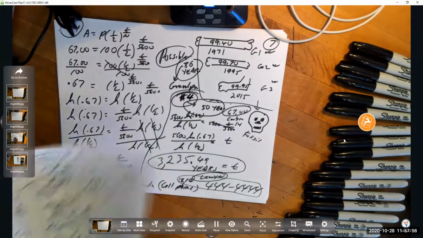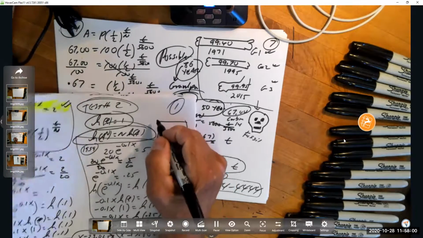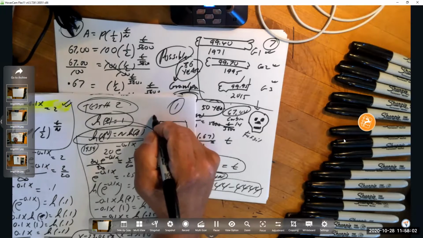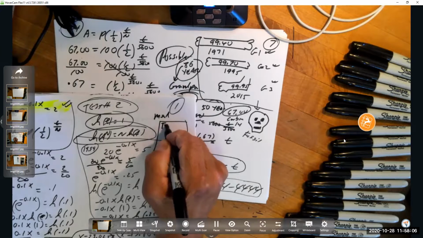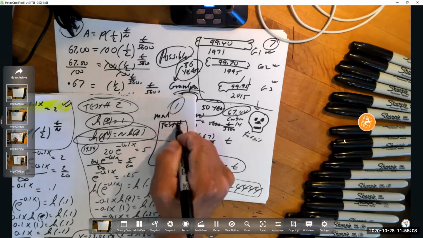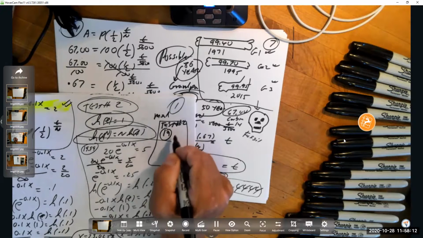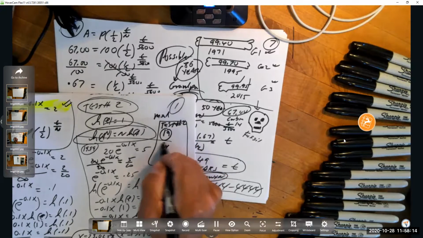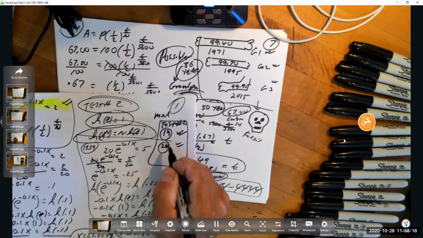So here's your homework for next Monday. I want you to do this problem here. Ready? Go to test number 2 and do problem number 19. We did this one already, but do it anyway. And number 24. 19 and 24, on your My Math Lab.